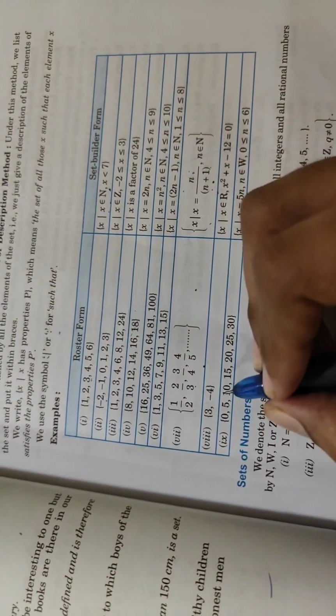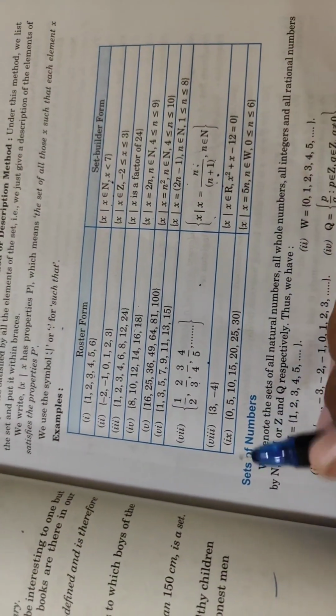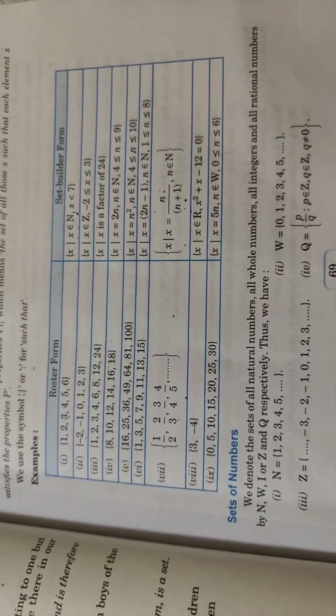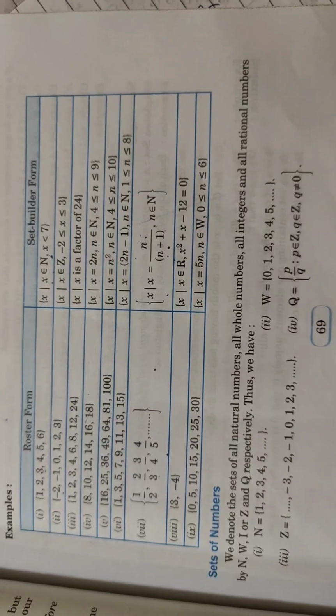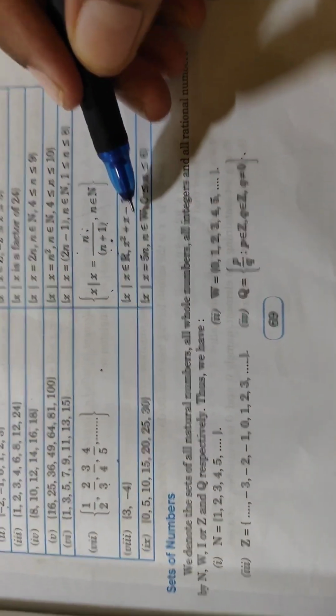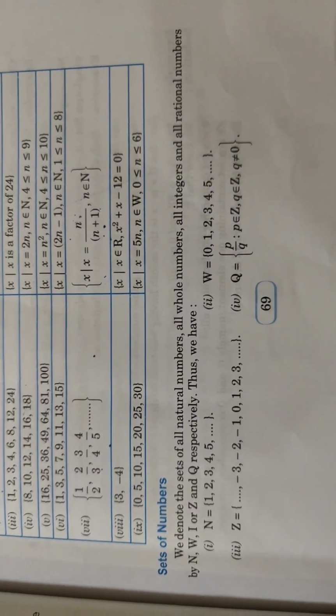Okay. Now 3 and minus 4. Why are only two numbers given? See, x such that x belongs to rational numbers. Here again, rational numbers are positive and negative numbers. Okay. x square plus x minus 12 is equal to 0.